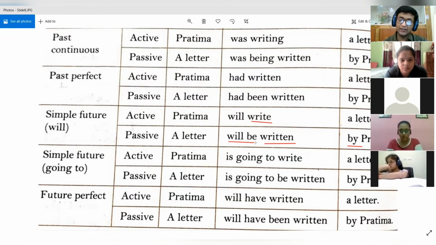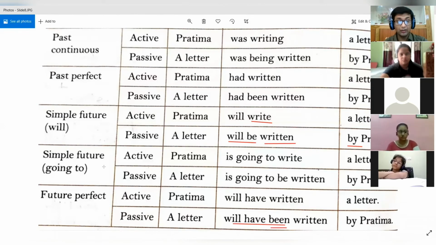So these are the general rules. All right. If you learn all these rules, how be is being used for different types of tenses, then you will not make mistakes. For example, for the future perfect tense, you see, will have written. So how has it been changed? Will have been written. Again, you find that for the perfect tense, been has been used.